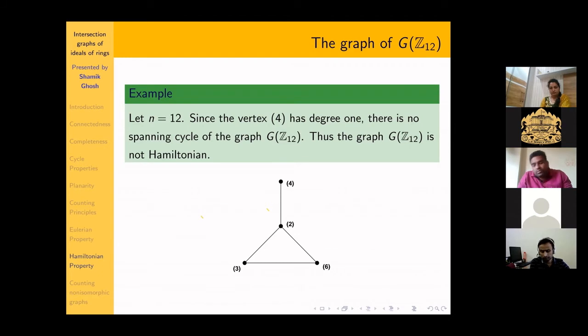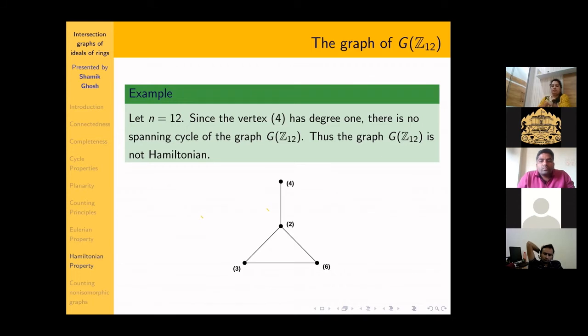Even on your computer, if you try to search for such a Hamiltonian cycle for a graph of more than say 30-40 vertices, it is nearly impossible in many cases to determine whether the graph is Hamiltonian or not. However, here also the graph is not Hamiltonian.